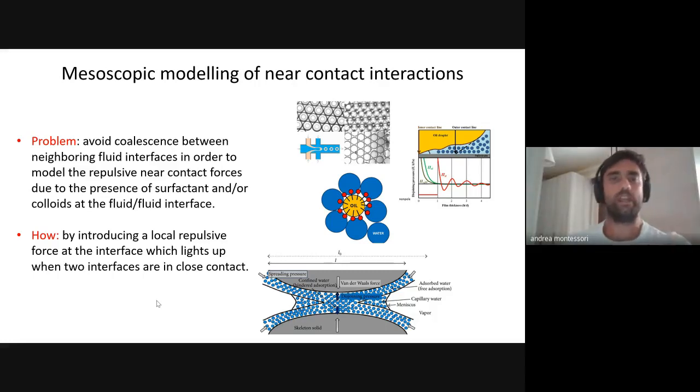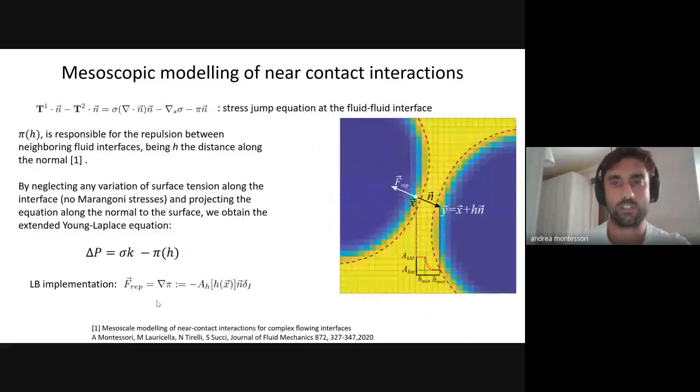So we took the stress jump equation at the fluid-fluid interface, which is reported here, and we added a further term, a repulsive term, which is Pi n, and this Pi, which is a function of the distance between two fluid interfaces, is the term responsible for the repulsion between neighboring fluid interfaces. h, obviously, is the distance along the normal.